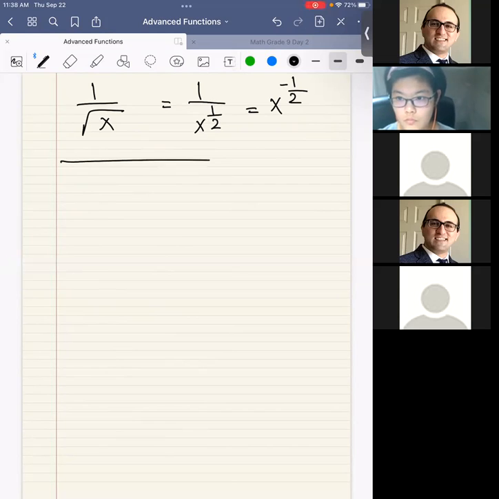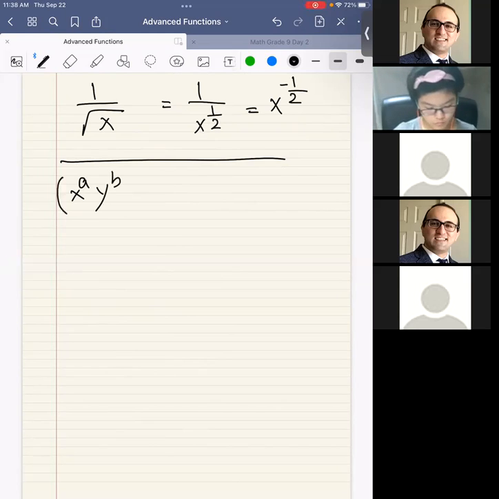Another rule is that when you have multiplication of two or more exponents, like x to the power a times y to the power b, the whole thing to the power c, then this would be x to the power a times c, times y to the power b times c.